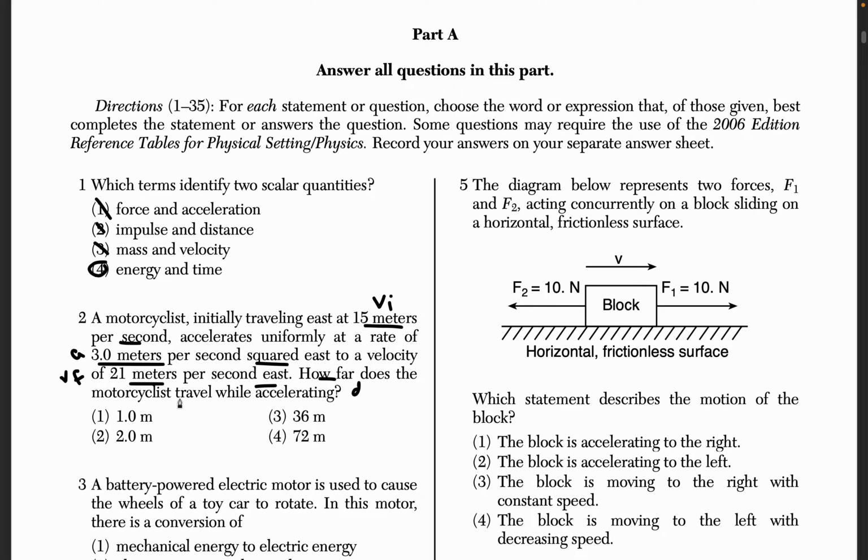So vf squared, 21 times 21, that is 441, equals vi squared, which is 15 squared, which is 225, plus 2ad. So 2 times 3 is 6, so 6d. 441 minus 225, what is that going to be? I think 306.